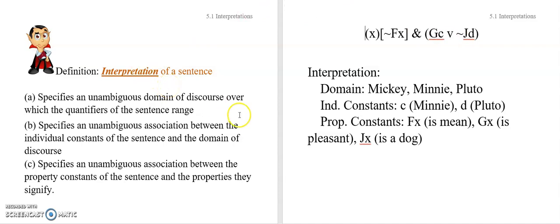Now, coming up with interpretations on the fly is a very difficult thing to do. People like me and your logic instructor have a lot of experience doing it, so we can come up with domains and play with these things in different ways, and you'll acquire some experience with it too.